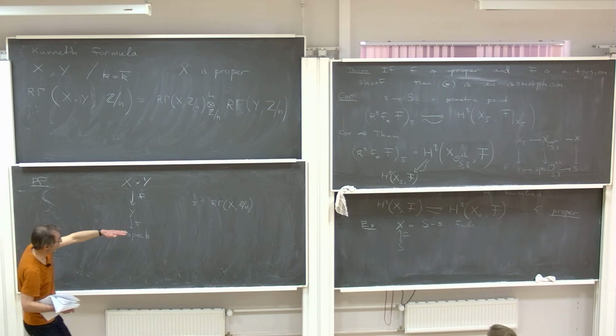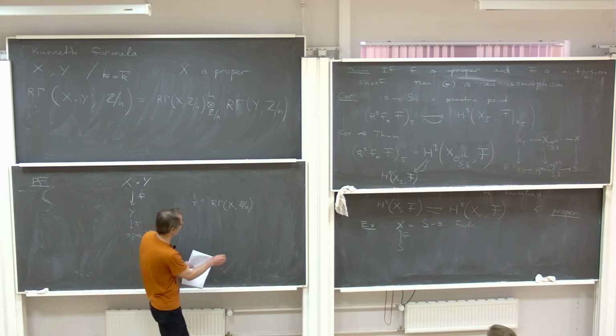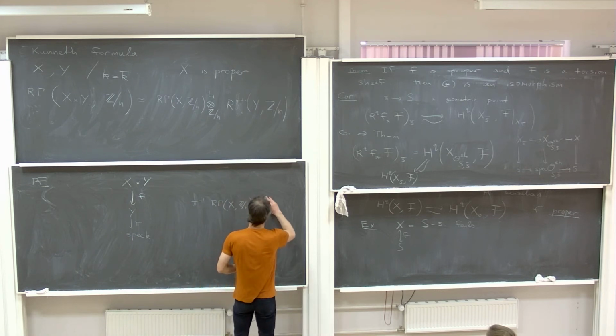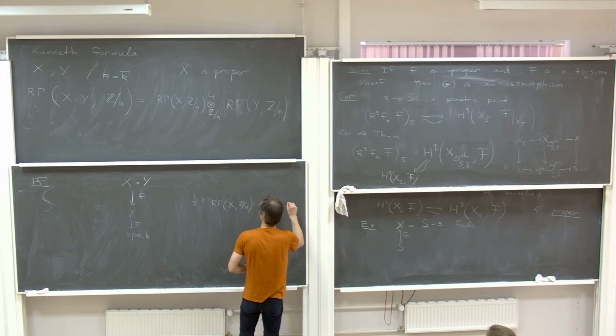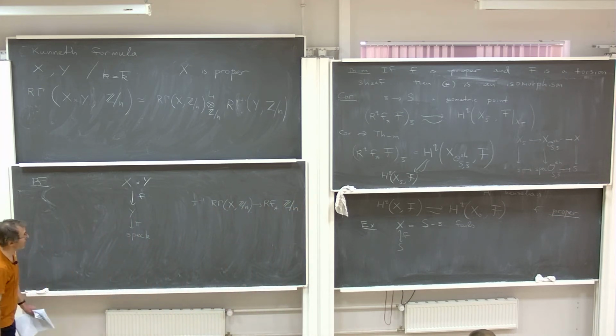So this is a constant sheaf on Y. And I claim that there is a map from this constant sheaf to R f lower star of Z mod n Z. So how does it work?